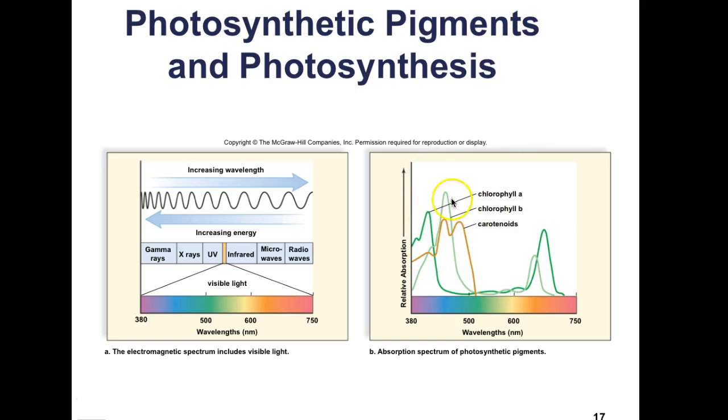And then we have chlorophyll B, which is right here. And then we have the carotenoids, which are right there. So we can see the colors that these pigments absorb. And basically the relative absorption is very low right here in the colors of green. And that's because chlorophyll is going to reflect or transmit that green light.